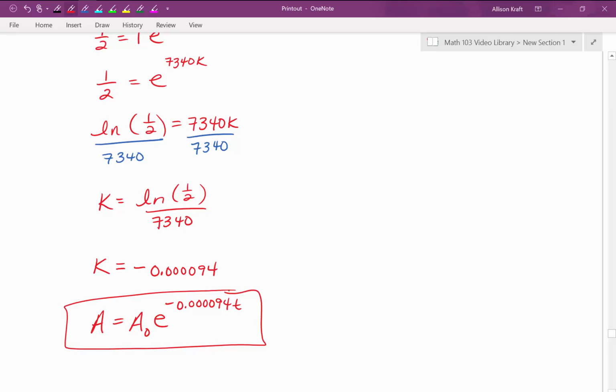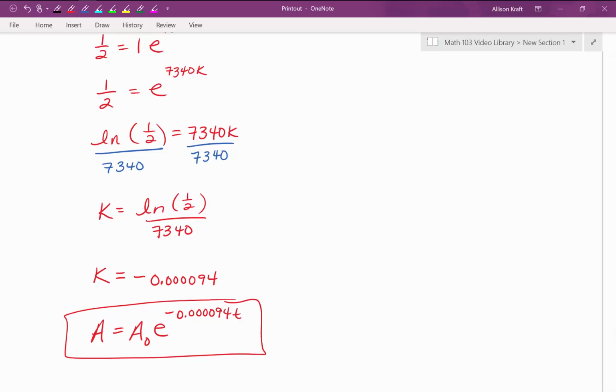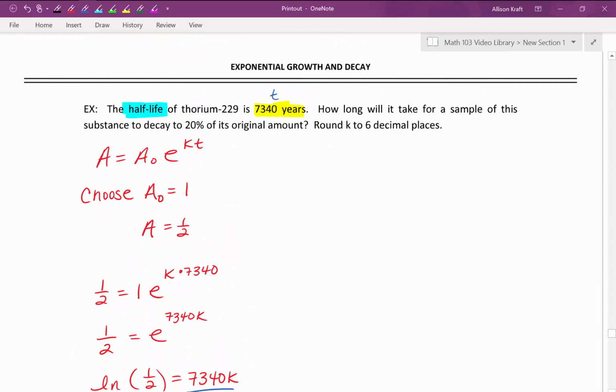We have written the model. Now we're going to use this model to find out how long it would take for a sample of this thorium-229 to decay to 20% of the original amount. We'll be using the equation we came up with to answer this question.